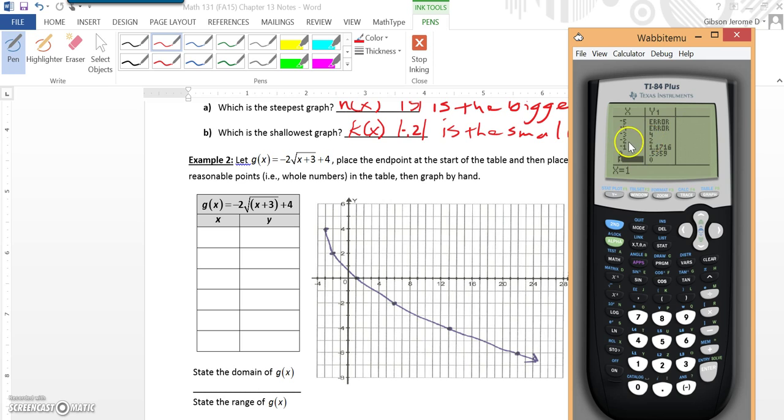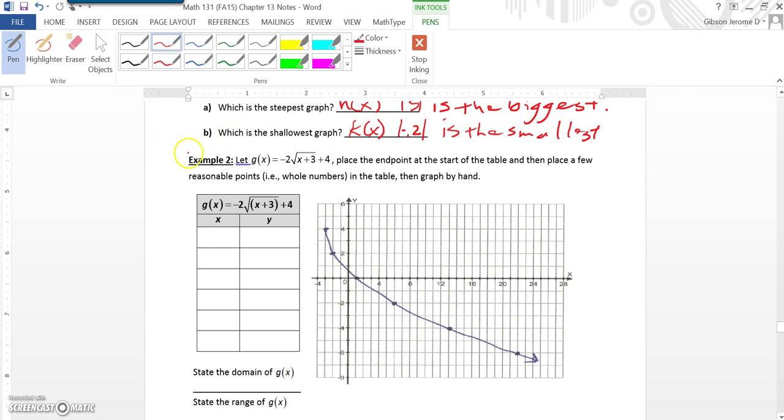Like you had negative 3, 4, negative 2, 2, 1, 0. Then I just keep scrolling till I get some integer answer, 6, negative 2. You've got to keep scrolling. And you have 13, negative 4. And keep scrolling. Then you will have 22, negative 6.